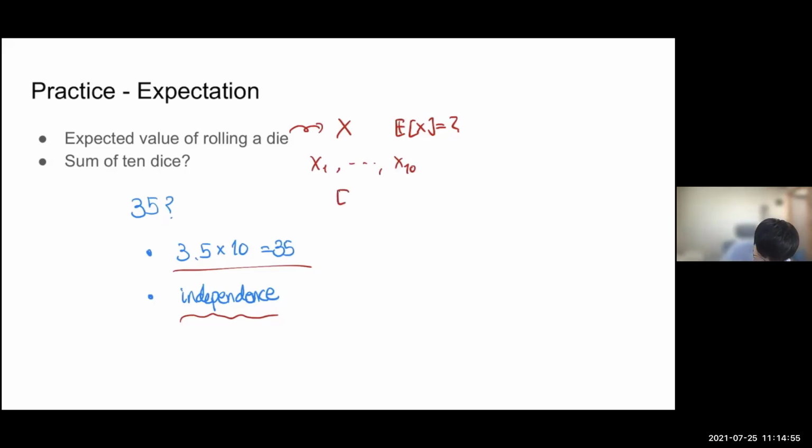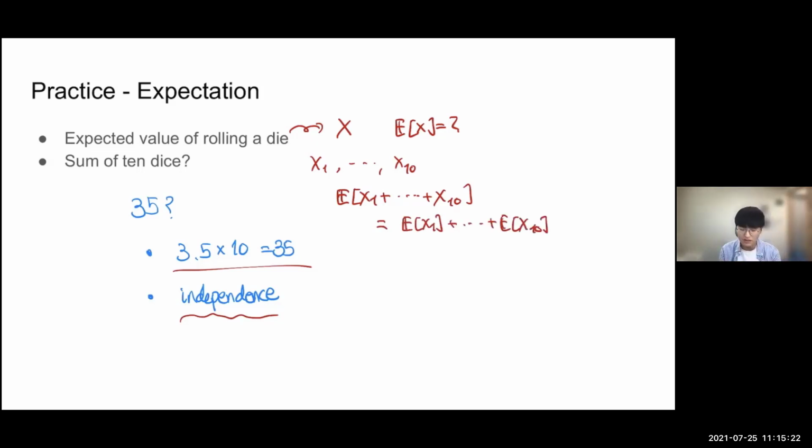So now I'm asking what the expected value of x1 plus up to x10 is. I'm claiming that the expected value of the sum of some random variables is just the sum of the expected value of each of these. So I'm claiming that this holds.